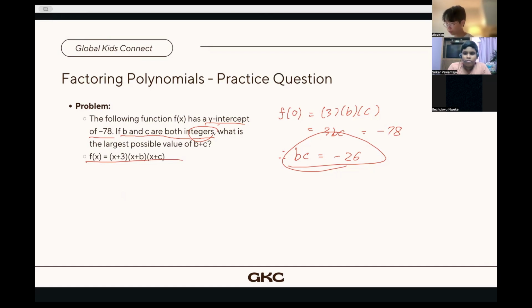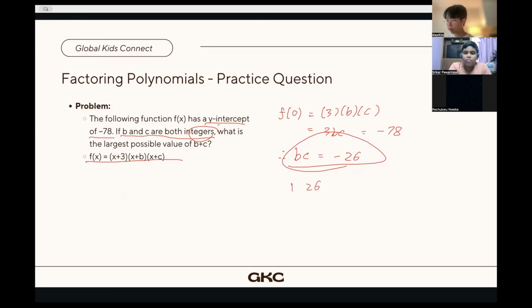And so here, there are no more hints regarding what b and c are, but this is enough information to find the maximum possible value of b plus c, because if we know that b and c are both integers, then we can find every possible value that b and c could be. For example, if b was 1, then c will be 26.